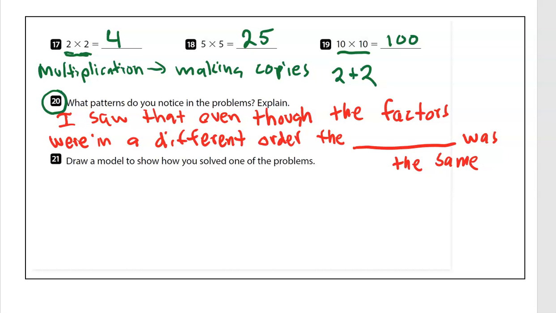Okay, so just pause that, and I'd be interested to see how you're gonna fill that in. Pause and write that, and fill in what you would put there in that blank.